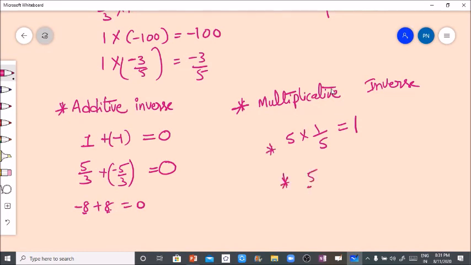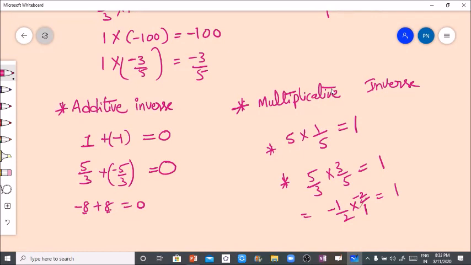If there is 5 by 3, then we multiply with 3 by 5. Okay, that is 1. Minus 1 by 2. The answer is 1. So, which number do we have to multiply? Minus 2 by 1. Here 2 cancel, minus 1 cancel, minus into minus is plus. 3 cancel, 5 cancel, 1.